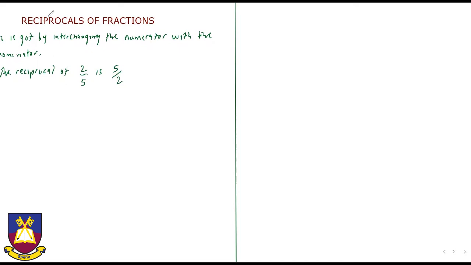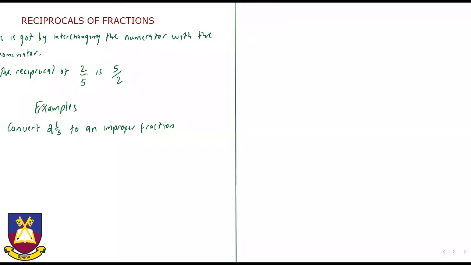So if you want to get the reciprocal of any fraction, all you do is interchange the numerator with the denominator. You interchange the upper part with the lower part. What is up comes down, and what is down comes up. The knowledge of reciprocals is very important in multiplication and division of fractions.